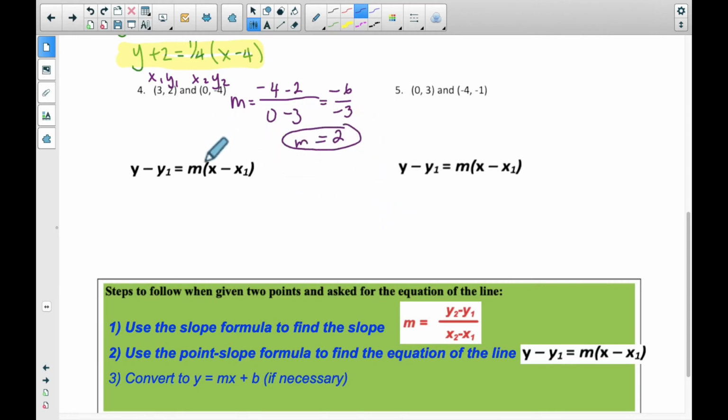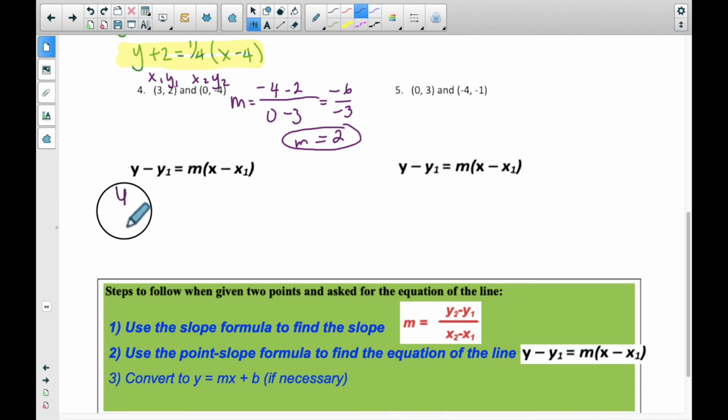All right, I'm going to do both number 4 and 5 because they both have something interesting in them, and it's the same thing, but I want to show you both ways. So we could use the x1, y1, or we can use the x2, y2, and then use this equation. So let's just use the x1, y1.